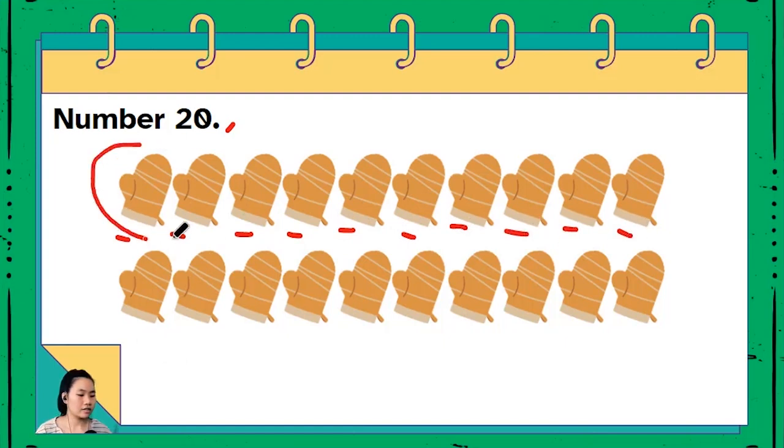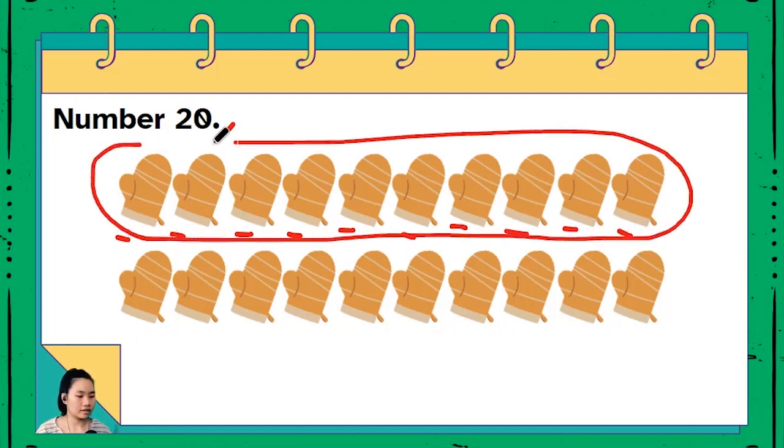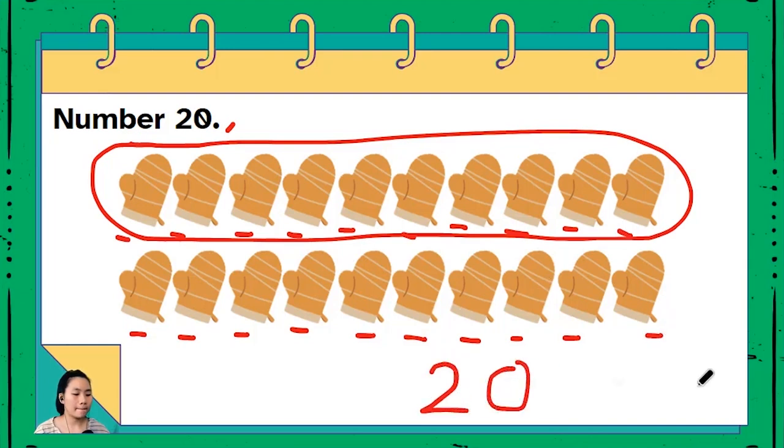Once again, let's circle our 10. 11, 12, 13, 14, 15, 16, 17, 18, 19, 20. All right, we have 20 mittens.